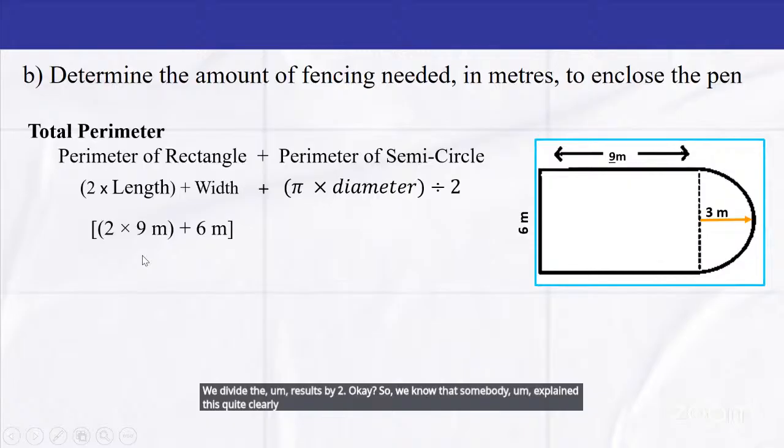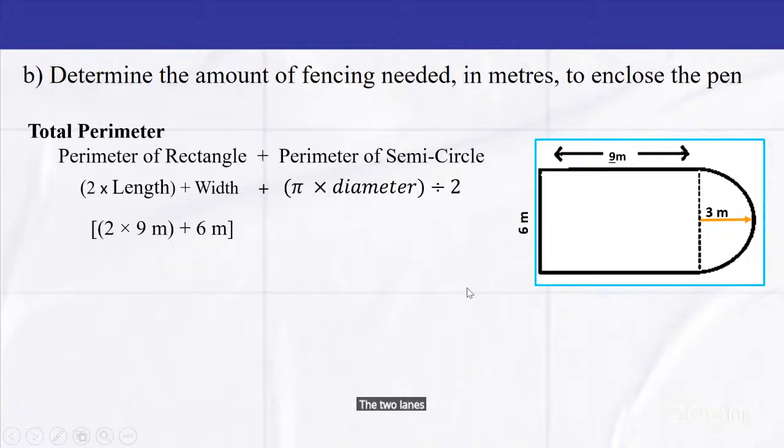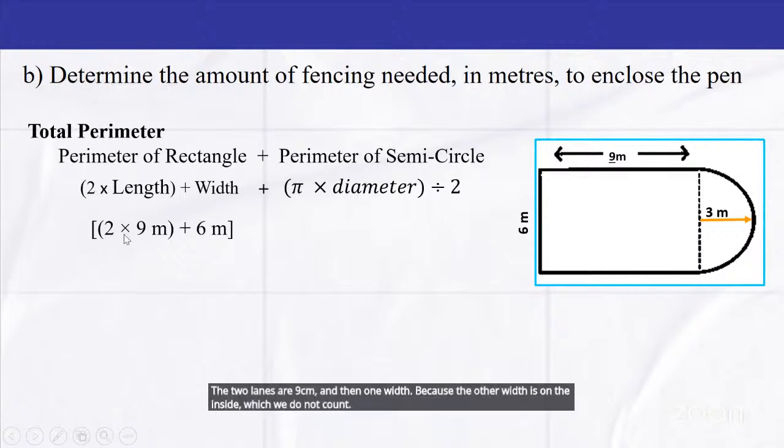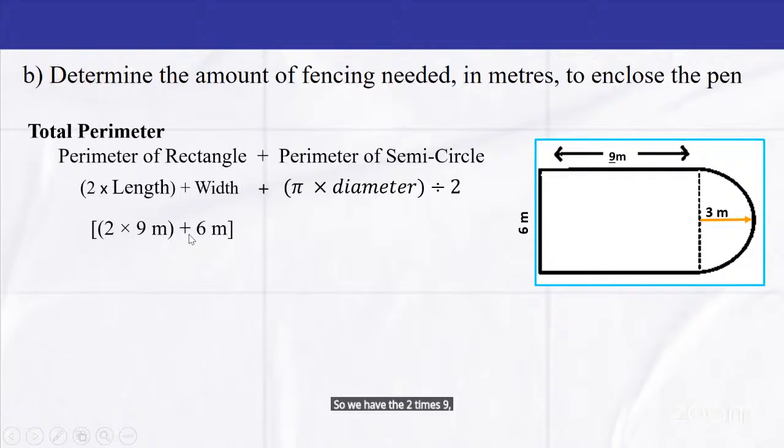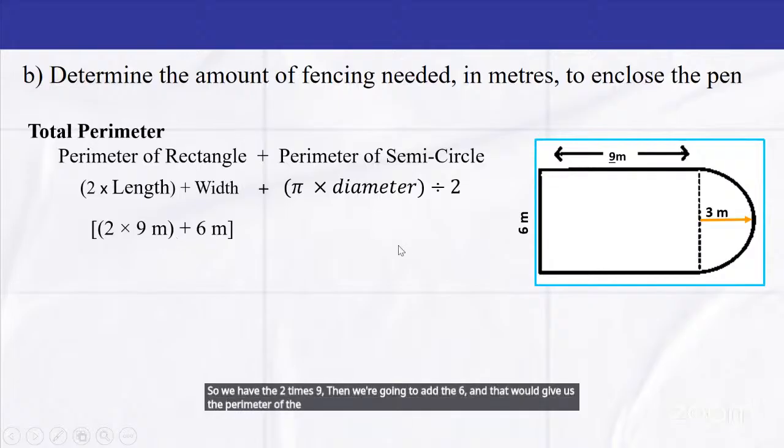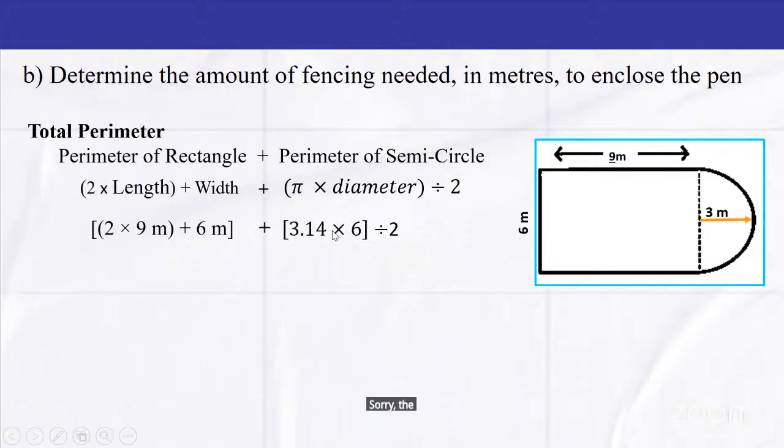We have 2 lengths of 9 centimeters on the rectangle, and then 1 width, because the other width is on the inside, which we do not count. So we have 2 times 9, then we add the 6, and that would give us the perimeter of the rectangle.